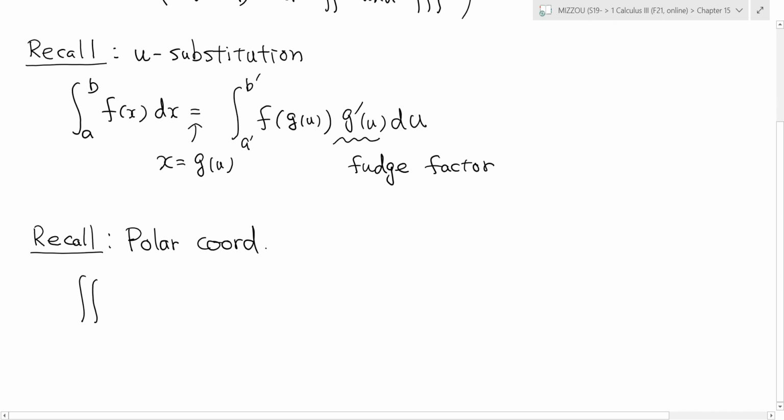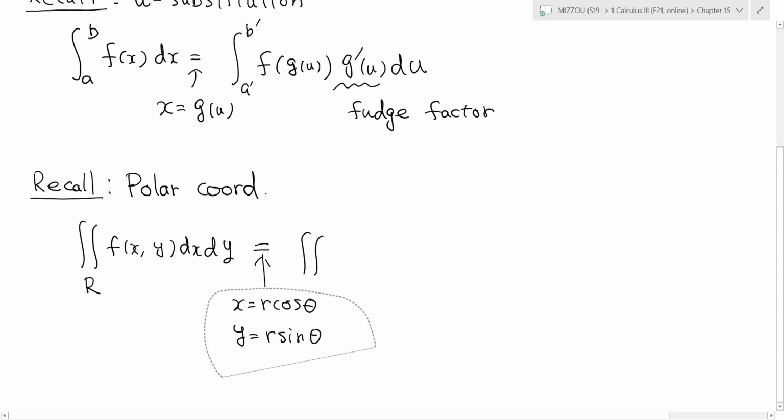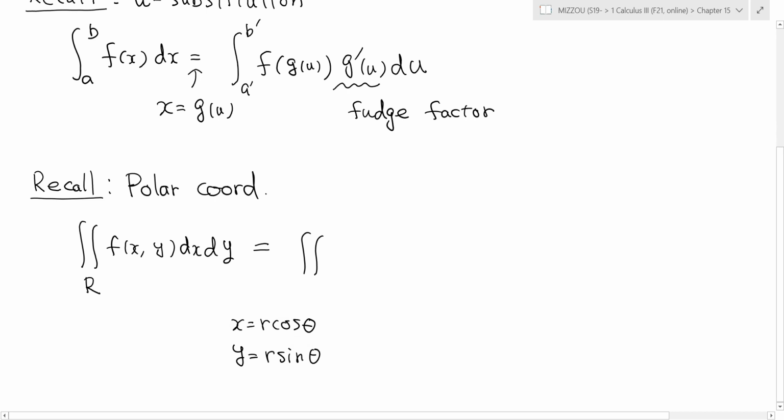Suppose you have some double integral of f dx dy over some region R. By using polar coordinates, so x is equal to r cosine theta, and y is equal to r sine theta, this double integral is rewritten as a double integral over some other region S of f of r cosine theta and r sine theta.